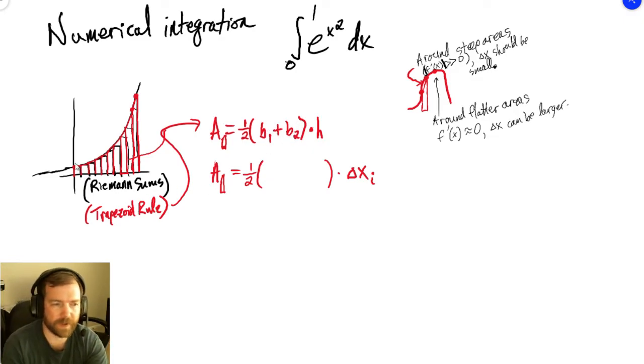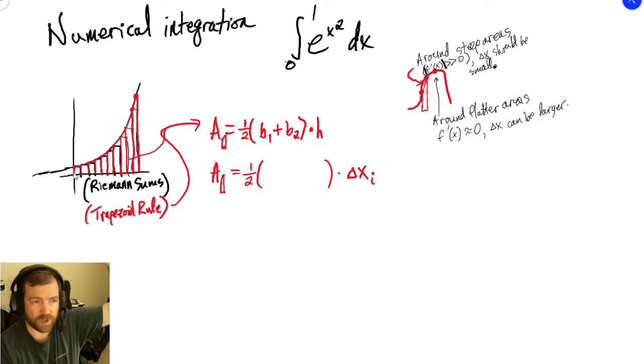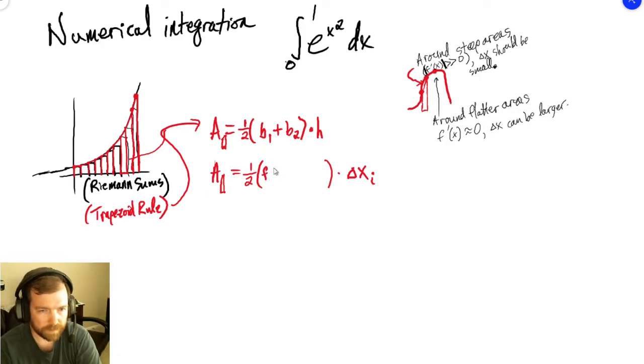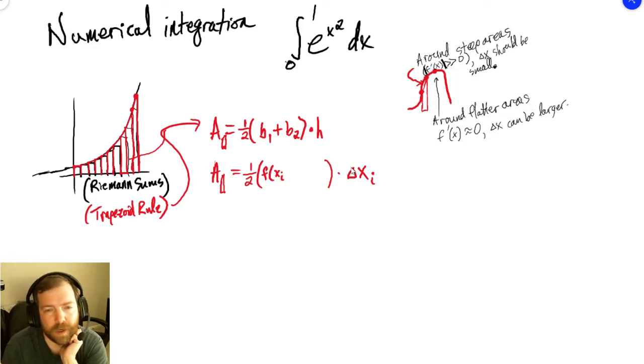Well, if we're doing Riemann sum type stuff, our initial one is going to be this left part here. Our base is going to just be the function value at this particular point. So this is going to be f at x sub I. It depends on how you want to index them.